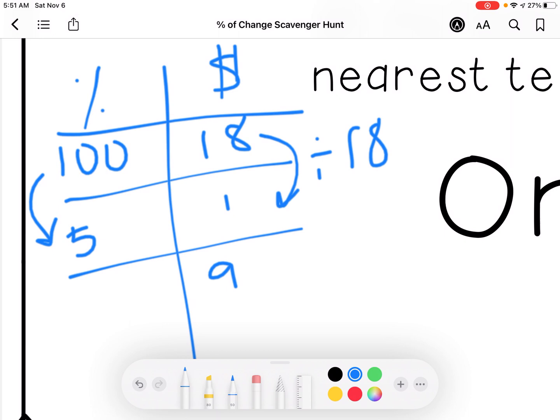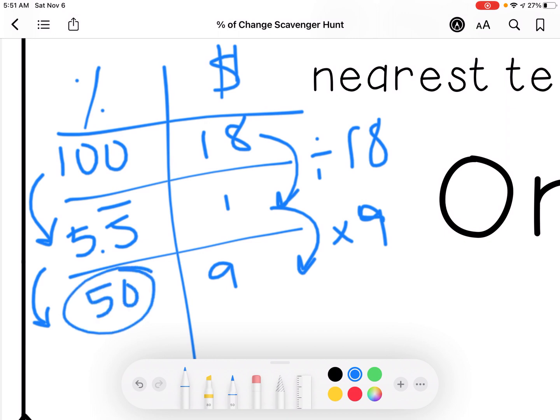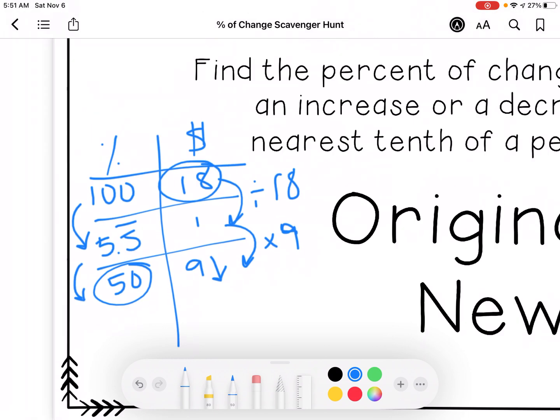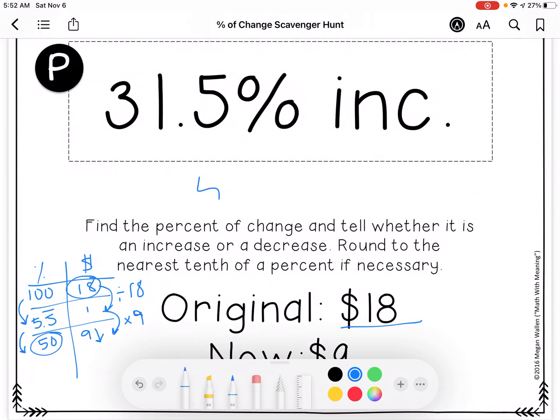So I get 5.5 repeating. Just going to leave it in the calculator. Times 9. And I get 50. And this is a decrease because I'm going from 18 to 9. So it's a 50% decrease.